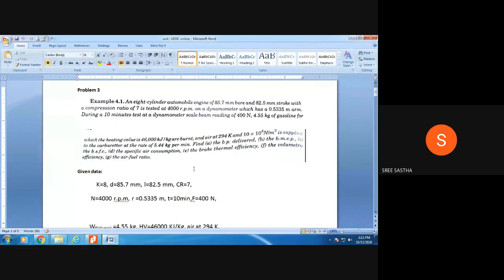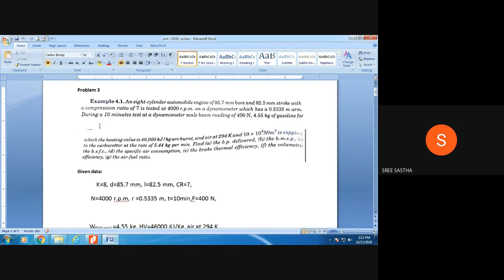By going through this problem, you can solve any type of problem asking for these parameters, provided the given data is there.